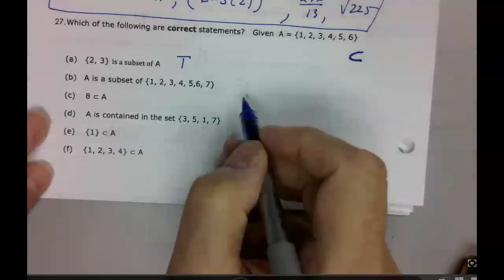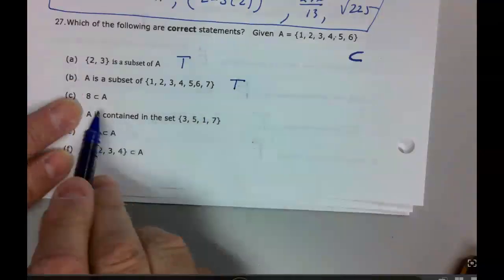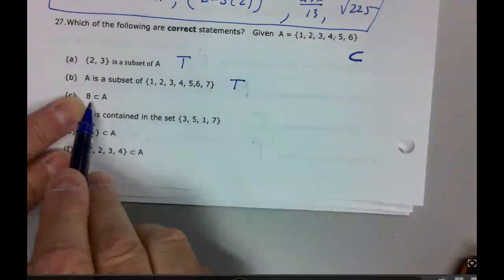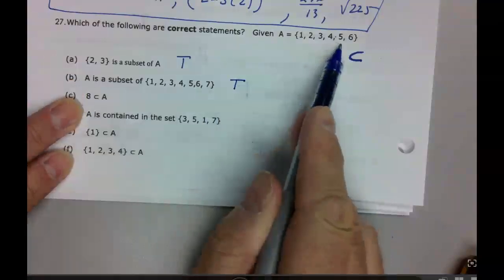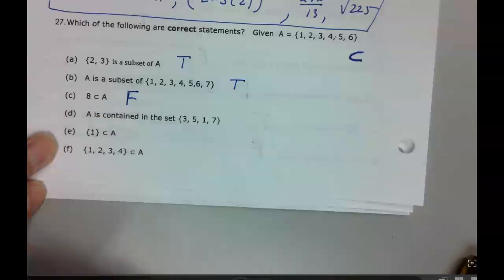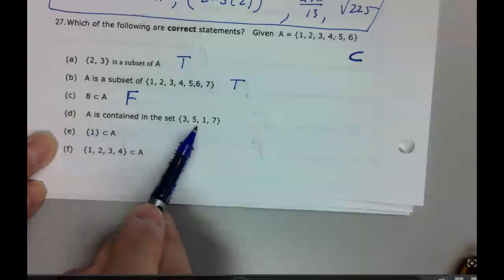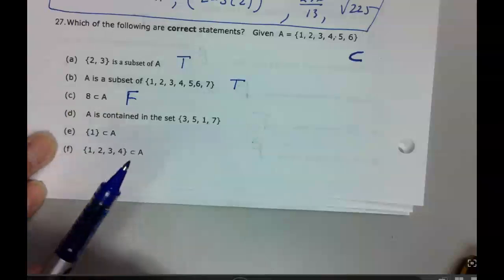So that is true. Is 8 a subset of A? Is 8 in A? No, that one's false. A is contained in the set {3, 5, 1, 7}. That's false.